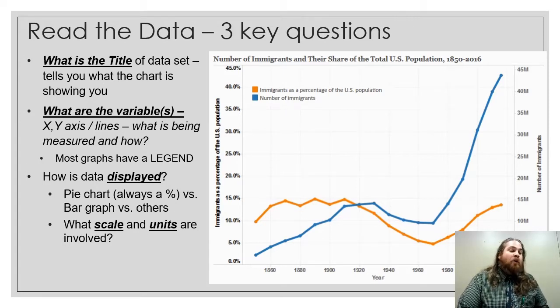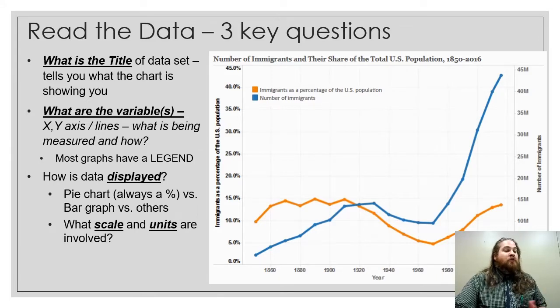And so we can actually see here that the total number doesn't always coincide with immigrants as a percentage of the population. You can see in the 1970s and 80s, more immigrants than ever before, but as a percentage, they were actually lower. And so that tells us something about population in general in the United States. And so we look at how data is displayed. This is a line graph meant to compare a couple of things.